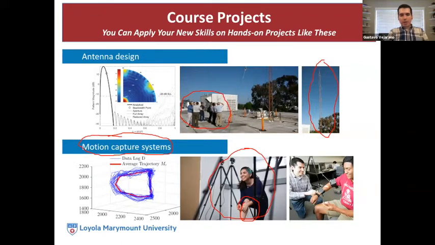Over here, what you see is the recording of the movement that the person was doing. Those systems are implemented using wireless sensors, or those cameras that you see up there. Those are infrared cameras, and they track those markers that you see there.